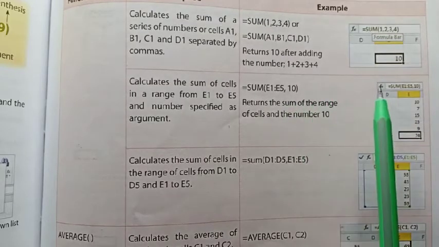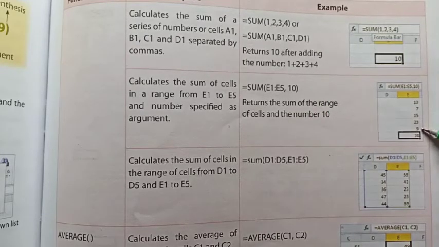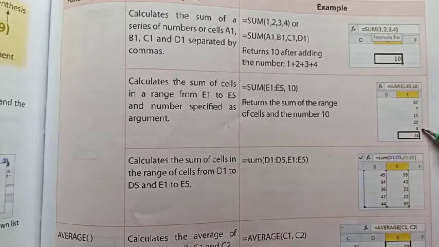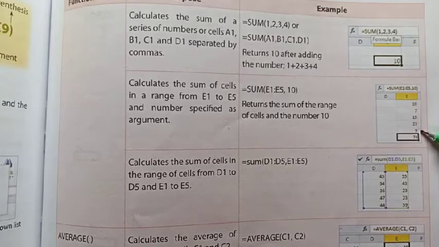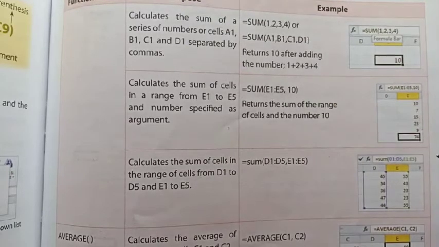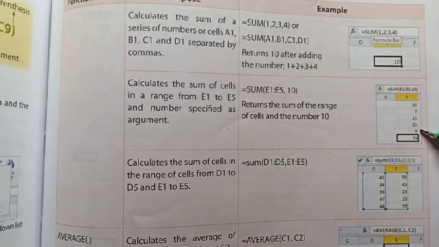In this case, the system is going to add up all the values from here to here, that is 10 plus 7 plus 15 plus 23 plus 9, and to whatever answer we get, 10 will be added. As you can see over here, if we add 10 plus 7 plus 15 plus 23 plus 9, the sum comes to 64, but the answer that you got is 74.